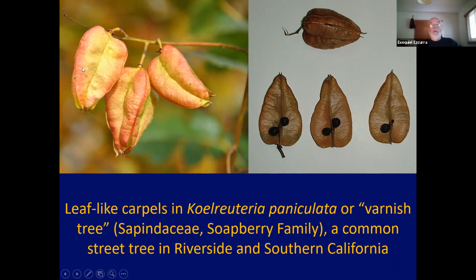And you can see the fruit. Once the fruit forms, you can see the leaf-like structure of the carpels and the seeds that used to be ovules sitting attached to the basal part of the venation of the leaf. It's very easy to see here how the carpels have originated from a leaf.